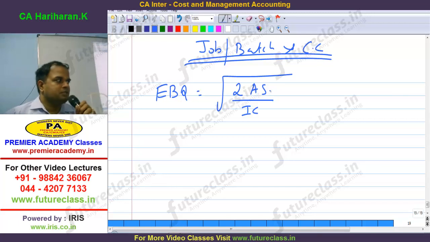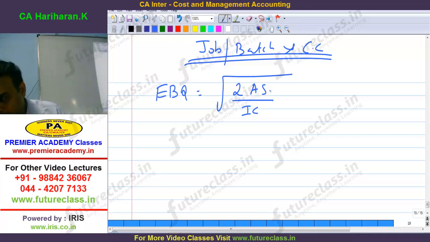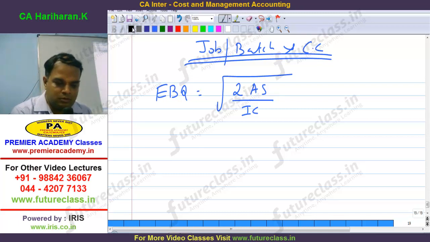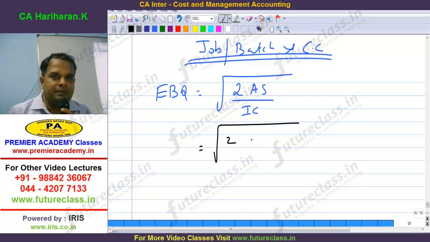Find out. Write the formula. EBQ is equal to square root of 2AS divided by IC. So 2 into A will represent annual demand.